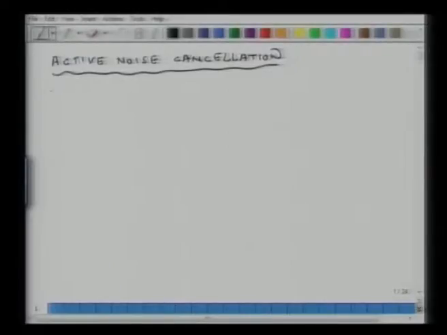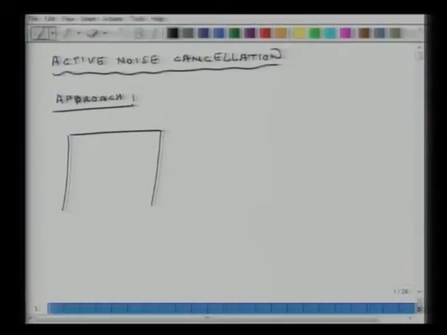So, one approach by which noise could be cancelled is what we will show here. Let us call this approach 1. In this approach, let us say I have a room, there is a listener here, and let us say noise is coming from a concentrated source.